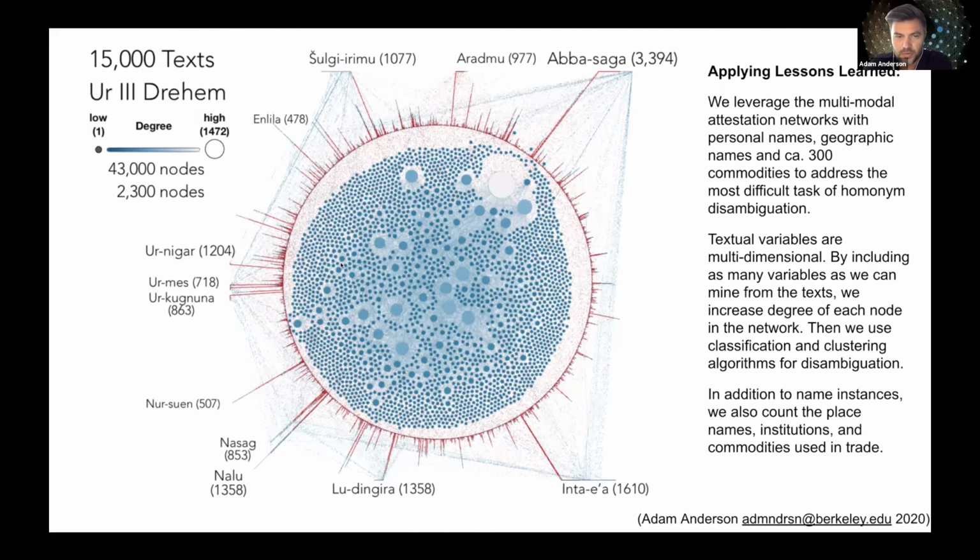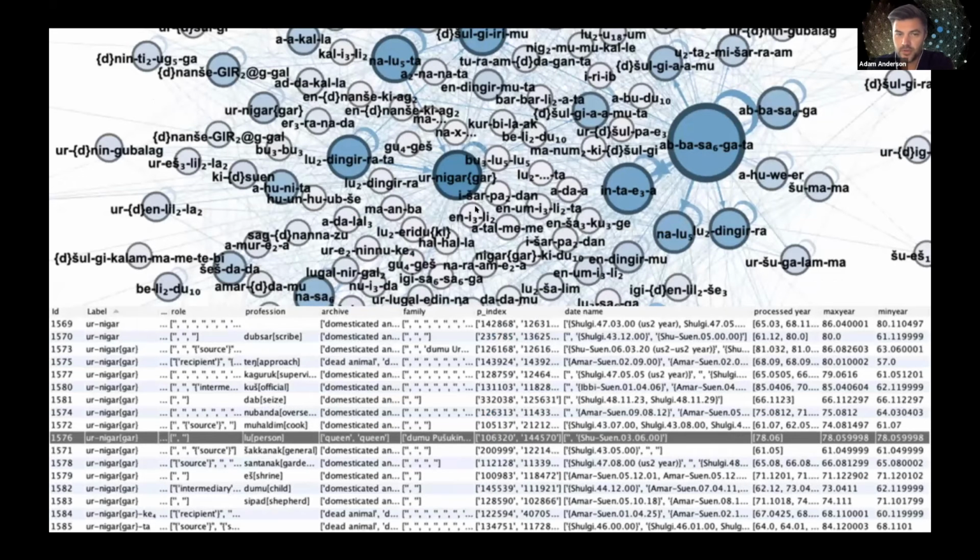So the blue network here is then this merged network of these instances where we're supposing a person. And of course, that's a dangerous process, one that requires a lot of discussion. So we see, for example, Ur-Ningar, who we read in that very first text, and we have a lot of metadata that we can pull in for this person.